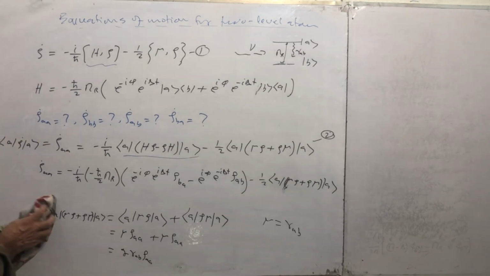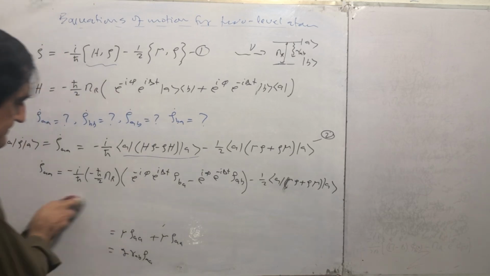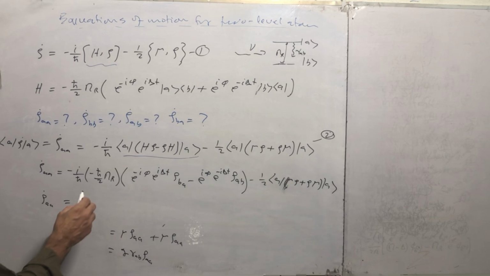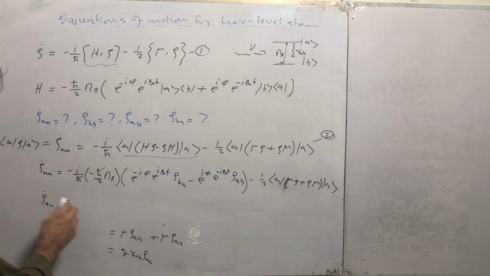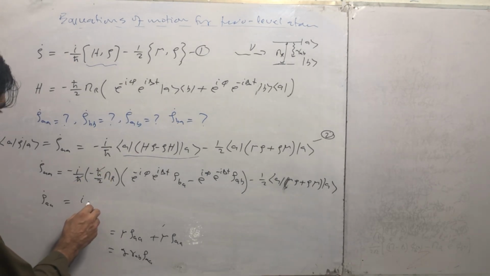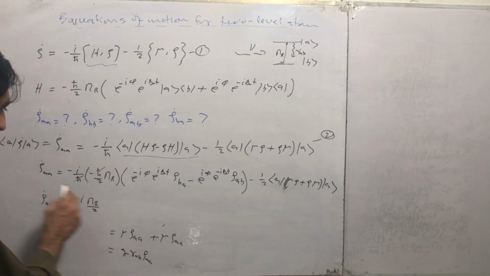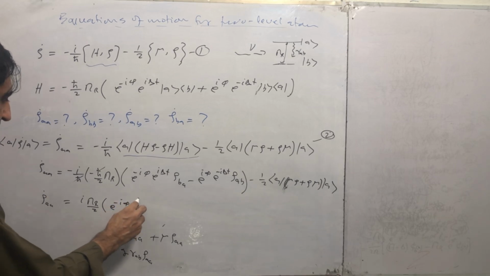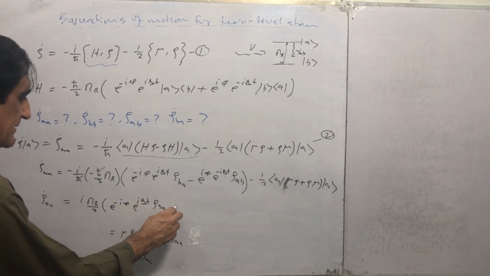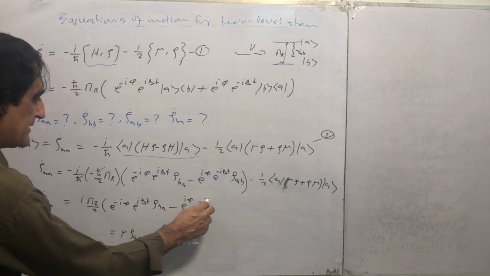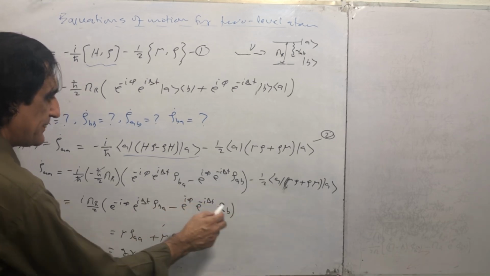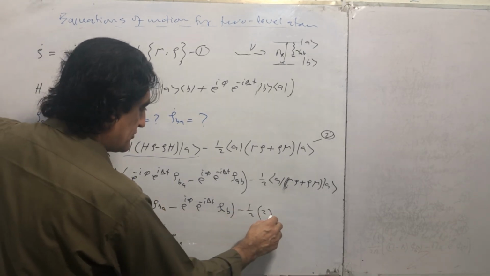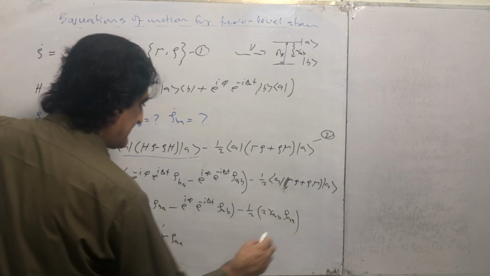Putting this value, then ρ dot AA, which is equal to, this ħ cancels, minus minus plus iΩ_R divided by 2, e to the power minus iφ, e to the power iΔt, ρ_BA, minus e to the power iφ, e to the power minus iΔt, ρ_AB, minus 1/2, and the value of this term, 2γ_AB ρ_AA.